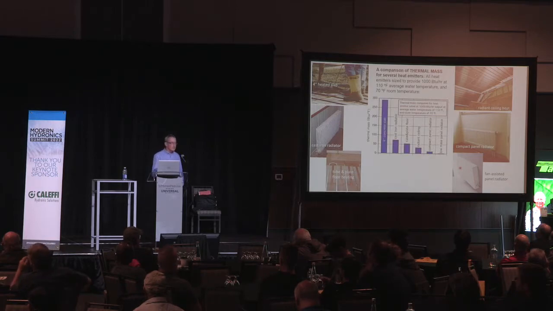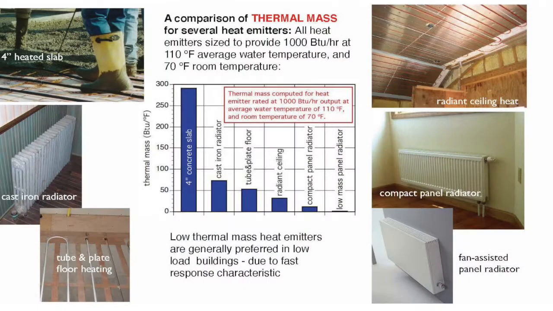So what I did, just to make an apples to apples comparison, I calculated how many square feet or how many pounds of heat emitter of these different types would be required to deliver 1,000 BTUs per hour using an average water temperature of 110 degrees in a room that's supposed to maintain 70 degrees, all right? It just looks at how much emitter is necessary for this kind of arbitrary 1,000 BTUs per hour.